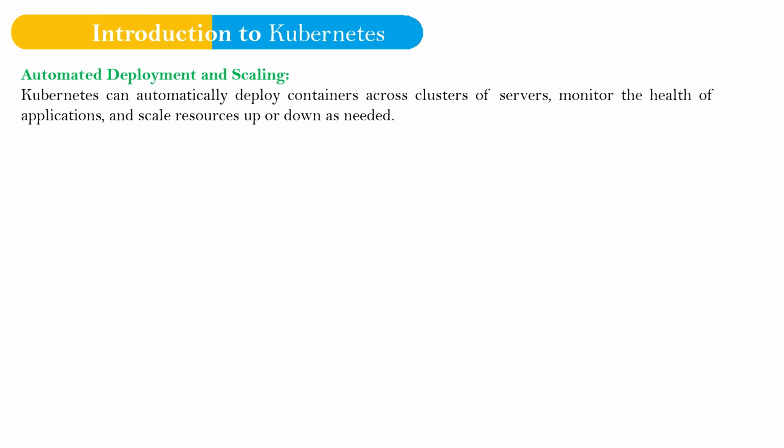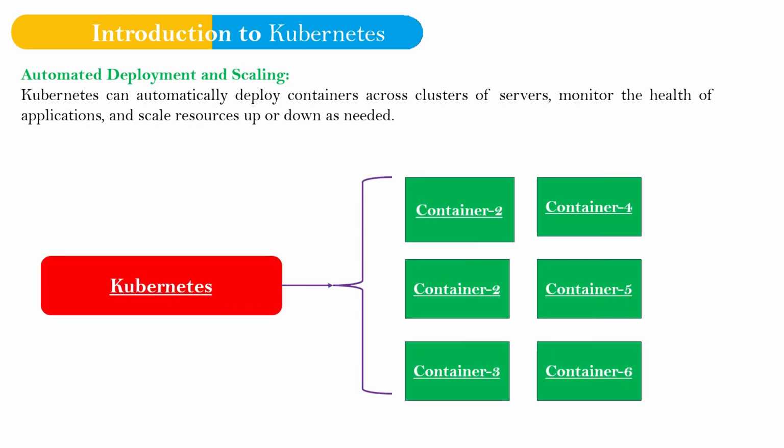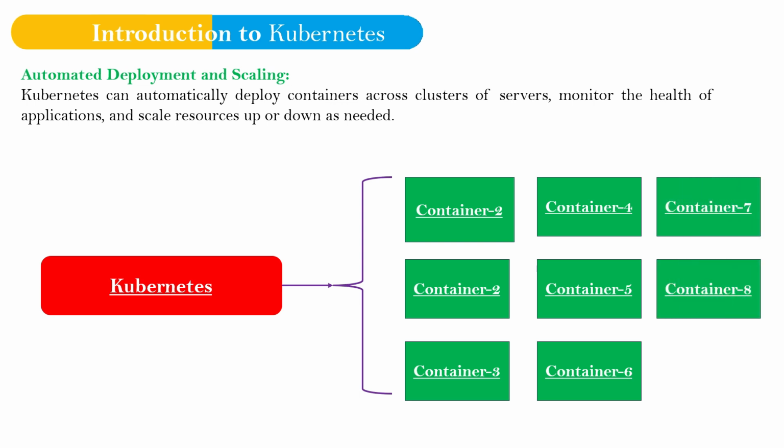Kubernetes can automatically deploy containers across a cluster of servers, monitor the health of applications, and scale resources up or down. As I said, Kubernetes is maintaining multiple containers. For example, you have 6 containers, and tomorrow you may need a few more. We can compare it with a traditional environment.